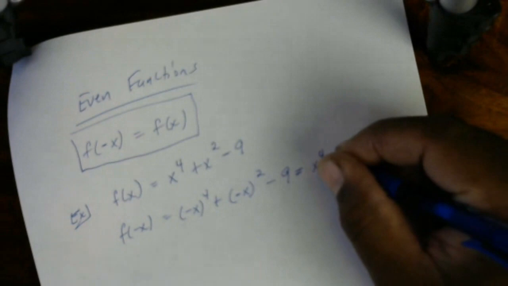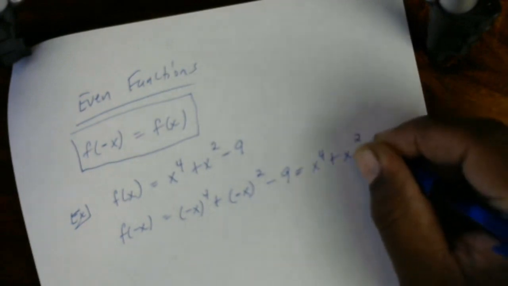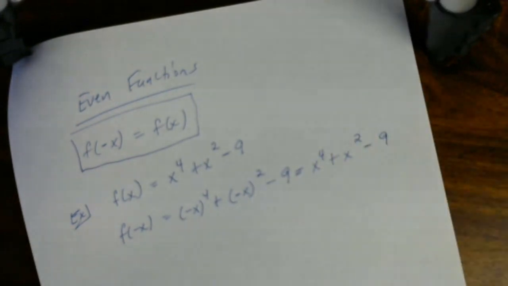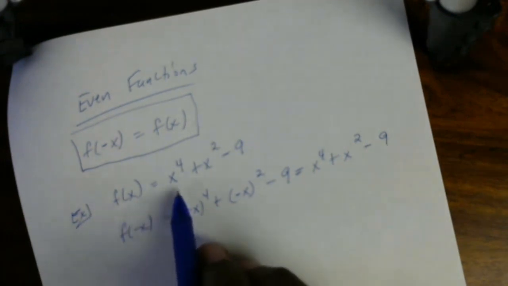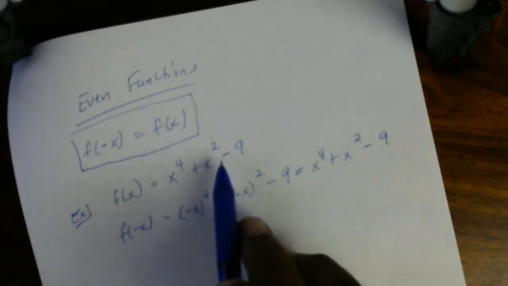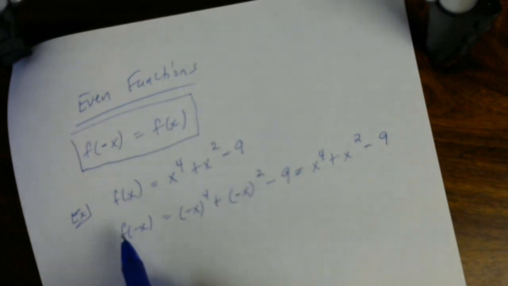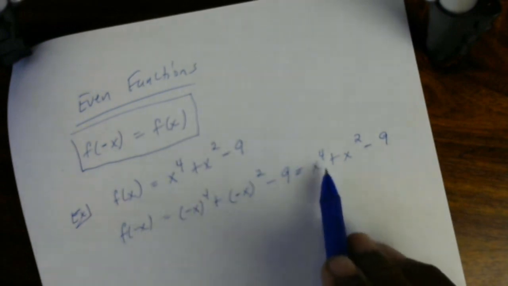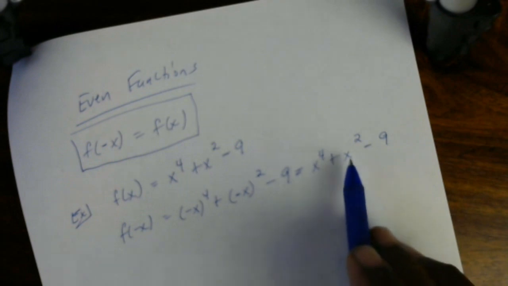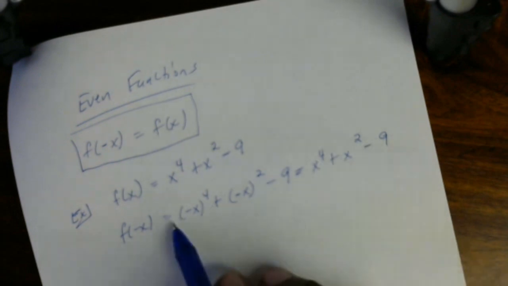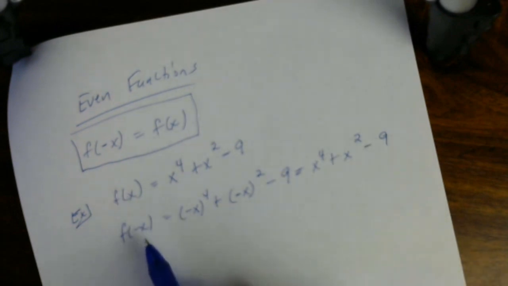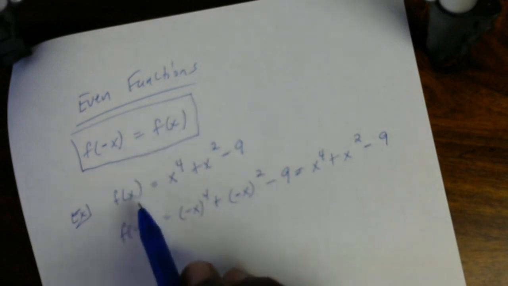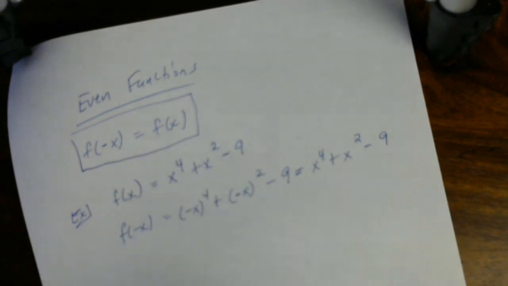So that's going to give me x squared. And then I'm going to carry along my minus 9. So notice that f of x is x to the 4th plus x squared minus 9. f of negative x is also x to the 4th plus x squared minus 9. Since both of these things are equal, this would be an even function.